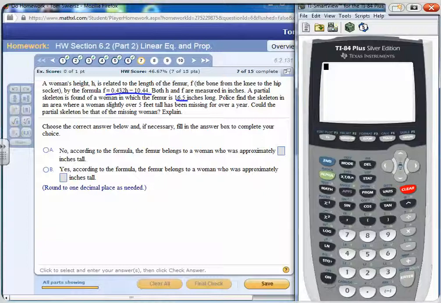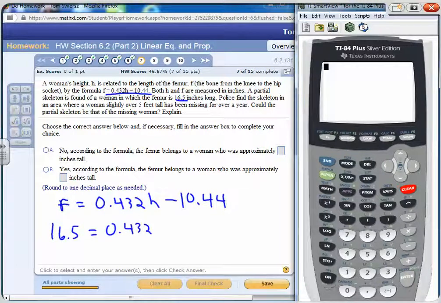Explain. Okay, so the femur is equal to 0.432 times h minus 10.44. Now notice the femur is 16.5. So we put in 16.5 for the femur, and we get 16.5 equals 0.432 times h minus 10.44. So we're going to go ahead and solve for h.